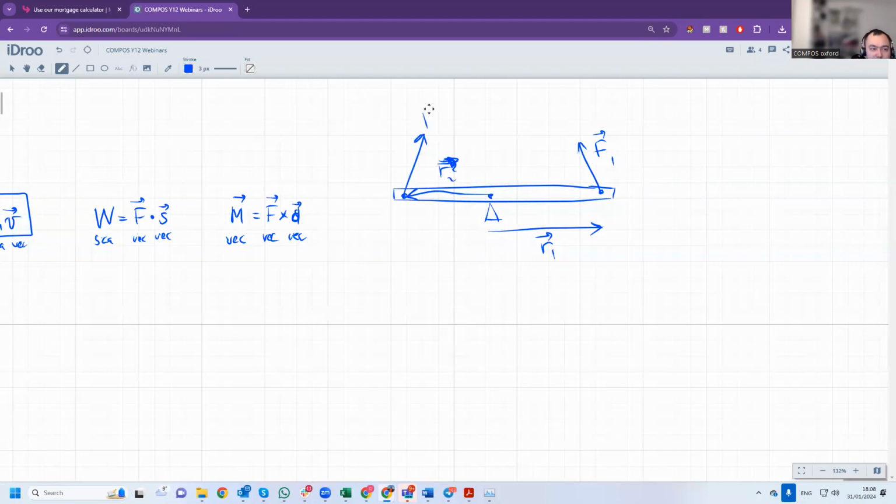And the force F2, for example. You can clearly see the vector R1 is opposite to vector R2. Therefore, when you multiply, the moment 1 is F1 vector times R1 vector, and moment 2 is F2 times R2. And the directions would be included in here.